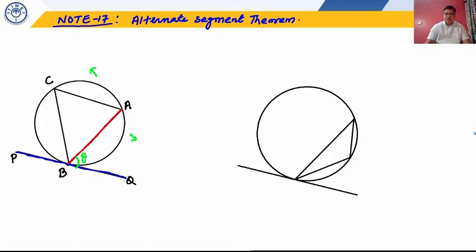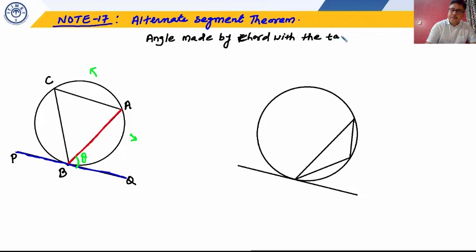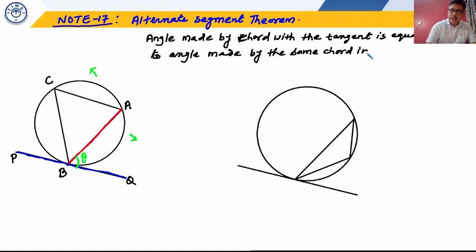So you can write, the angle made by the chord with the tangent is equal to the angle made by the same chord in the alternate segment, right?